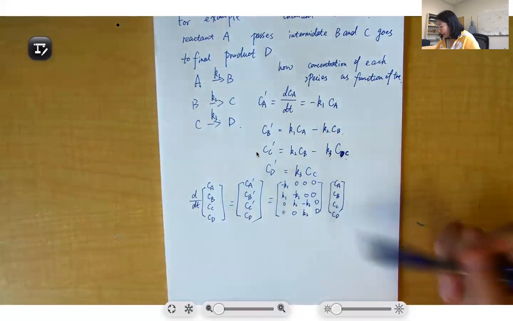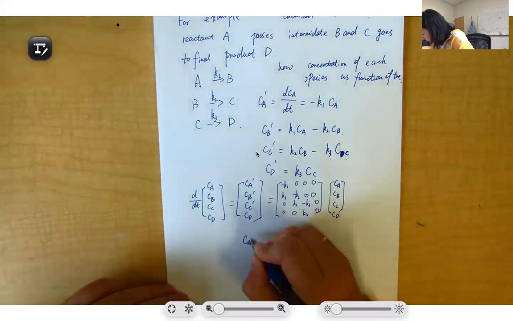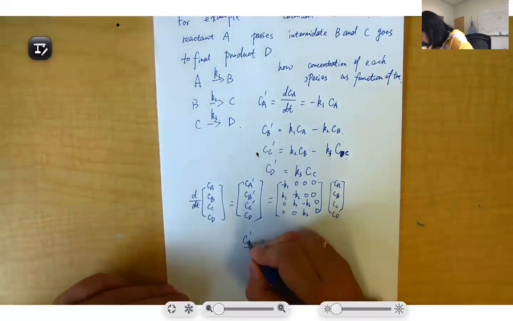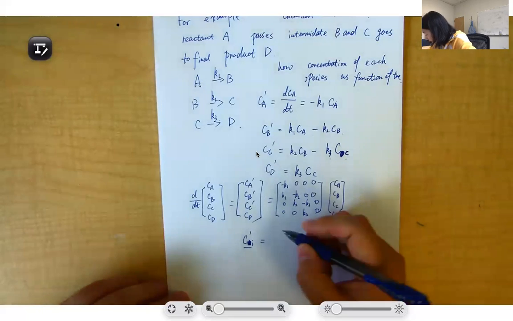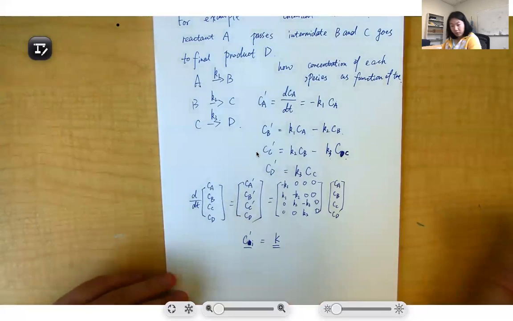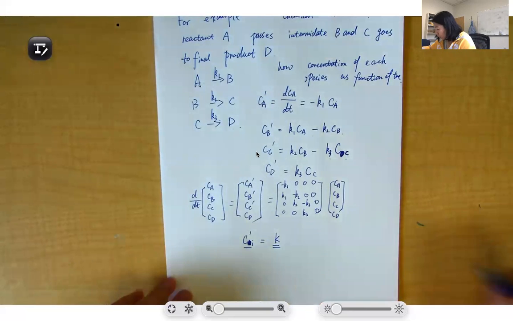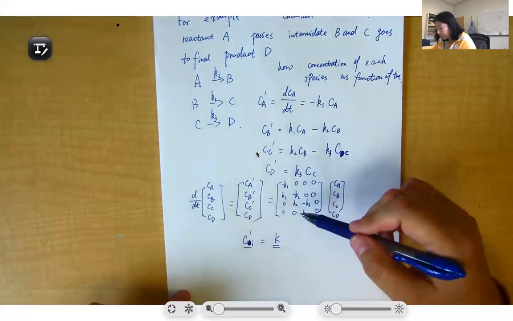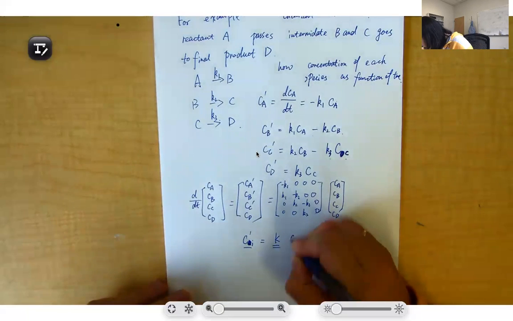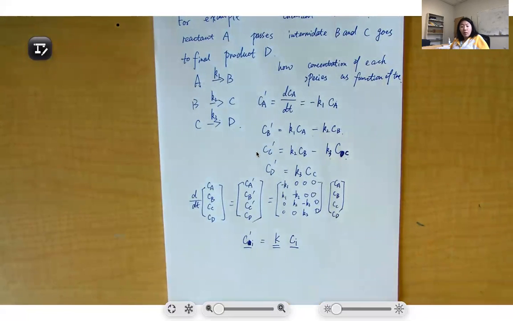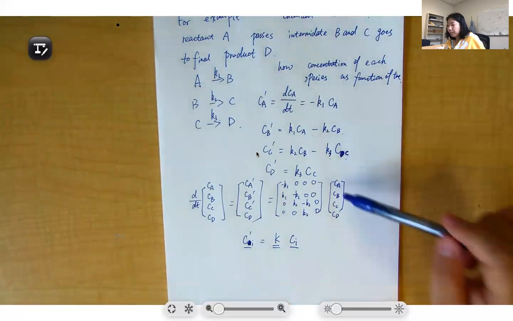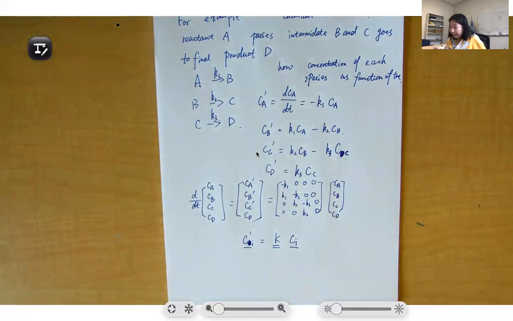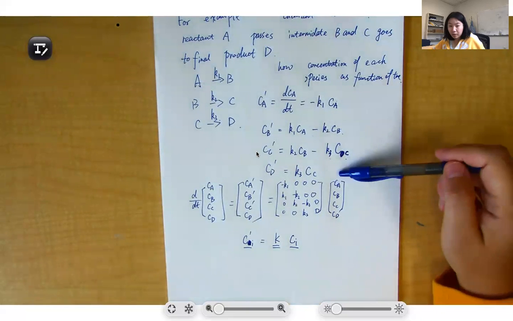And you can write this as Ci prime, the concentration of species i, equals this coefficient matrix K with two underlines, which is represented by the rate constants here, times Ci. So you can just use a simple form to represent your complex chemical reaction networks. And that is a much simpler representation compared to writing each individual line, right?